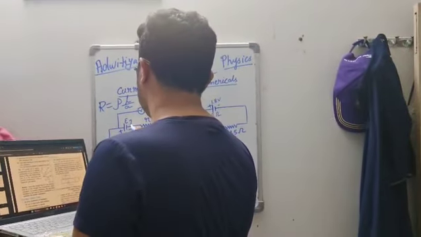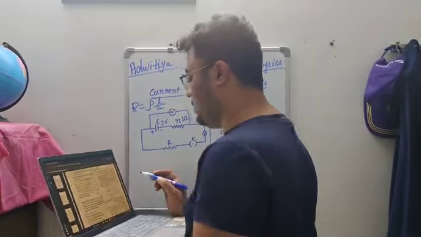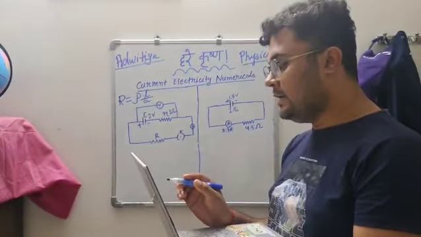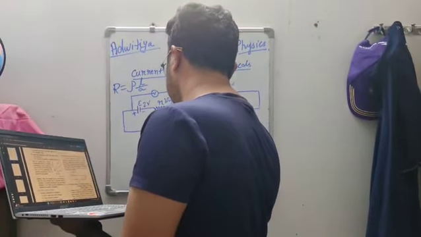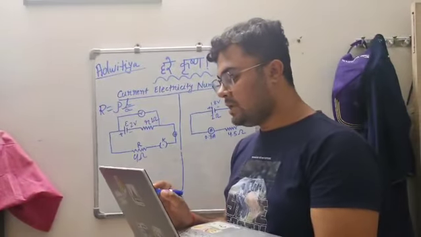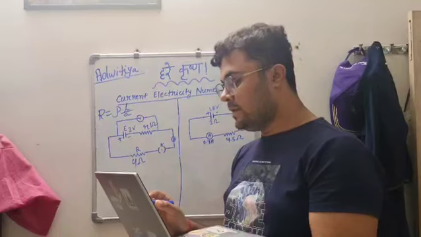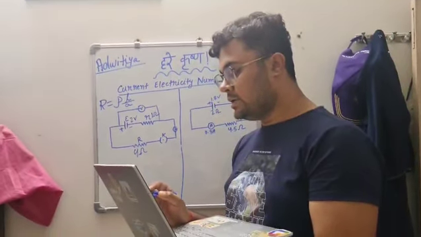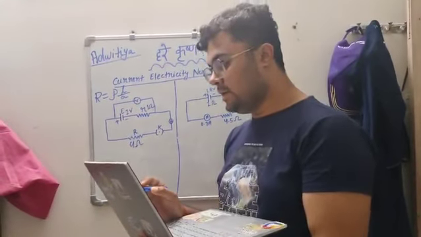So here E is 2 volt, r is 1 ohm, connected to an external resistance of R equals 4 ohm. The ammeter A measures the current in the circuit and the voltmeter V measures the terminal voltage across the cell. What will be the readings of the ammeter and voltmeter?